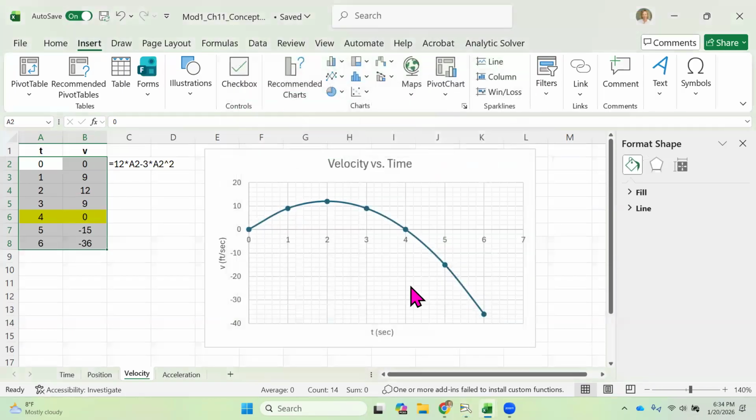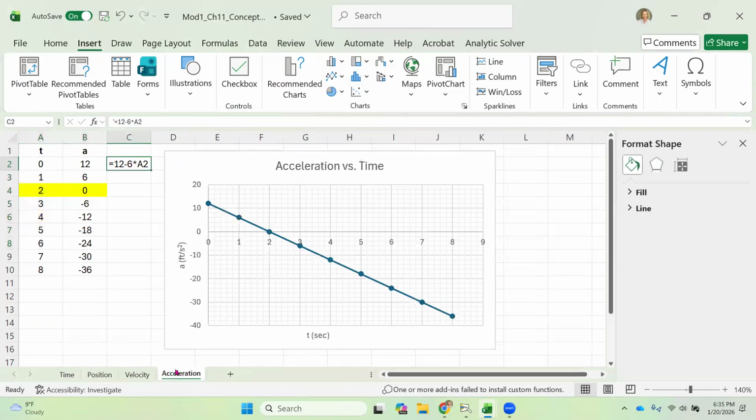Once we have our two columns here, we're going to select again, insert, and then recommend a chart. Again, mine is the third one from the bottom. And then once you have that, it'll plot the chart here, and then you'll have to make those adjustments with giving it a title and then putting the axis titles on as well as the units. Okay. And then the third tab that you see here is for acceleration. And again, same thing. We've got our time, we've got our acceleration column.